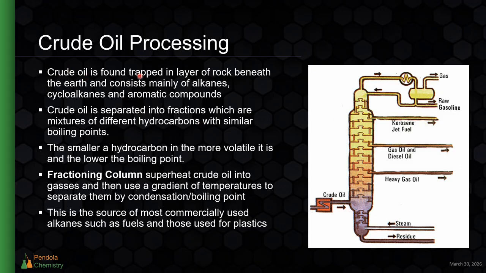Crude oil is found trapped in layers of rock beneath the earth. Essentially, things a really long time ago died. Those things slowly, through pressure and high temperatures, have broken down over time, and they have become the soup of alkanes, cycloalkanes, and other benzene-containing compounds. So crude oil is just that.